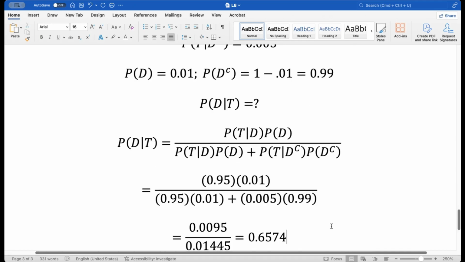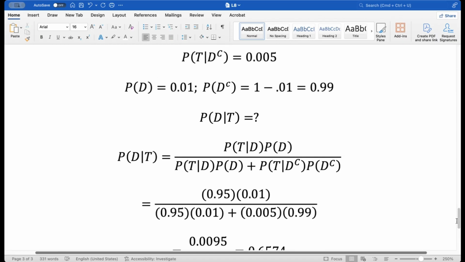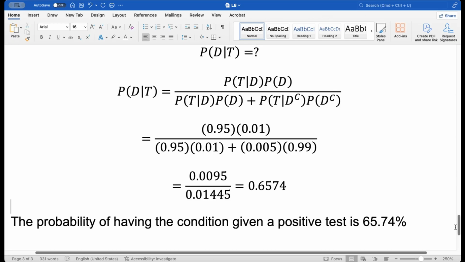And simplifying this, we get 0.6574, which is the probability of having the condition given a positive test. So in percentage form, it's 65.74%.